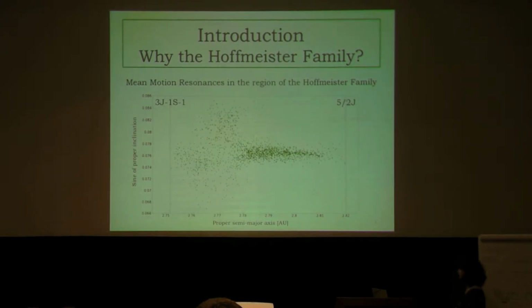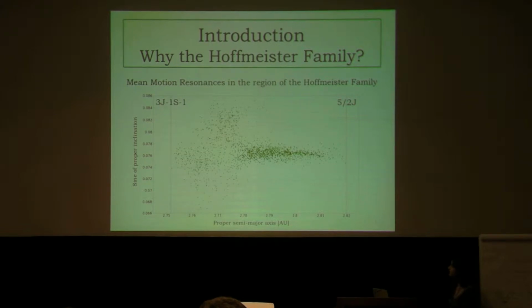So the Altmeister family is located in the middle of the main belt between two powerful mean motion resonances, 3 to 1 and 5 to 2. But we can immediately put those resonances aside as potential cause of this diffusion, as they appear to be too far from it.